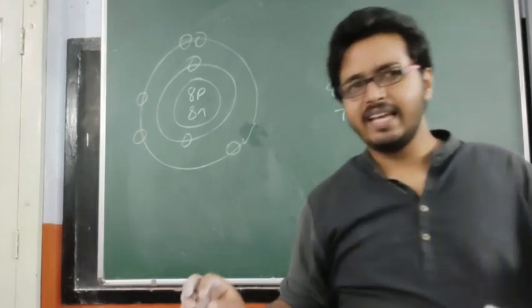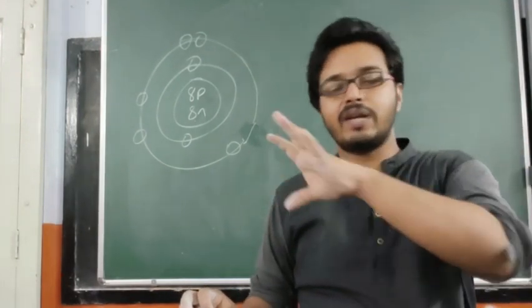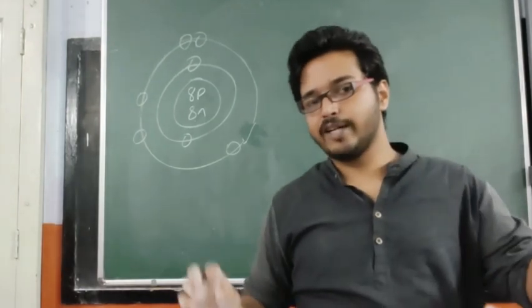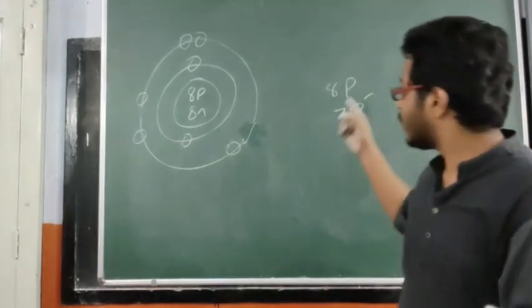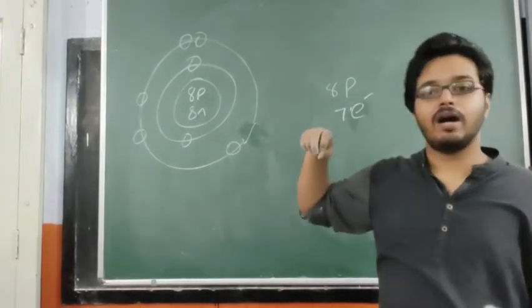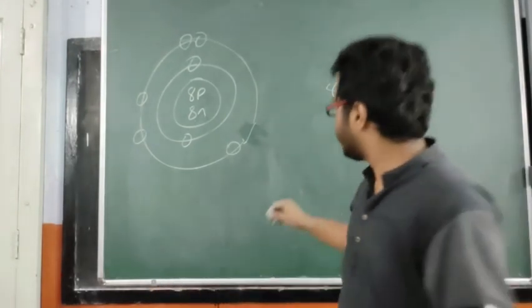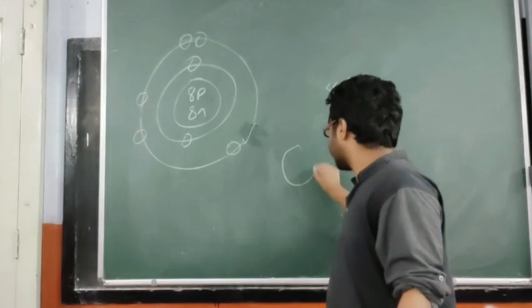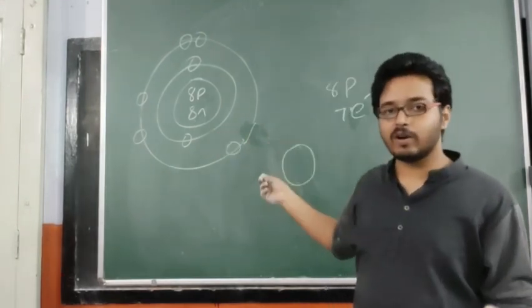Here the nuclear charge is much more compared to all the negative charge around. So all the electrons around the nucleus experience a more powerful nuclear force of attraction than the oxygen atom did before removing the electron from the outermost shell.